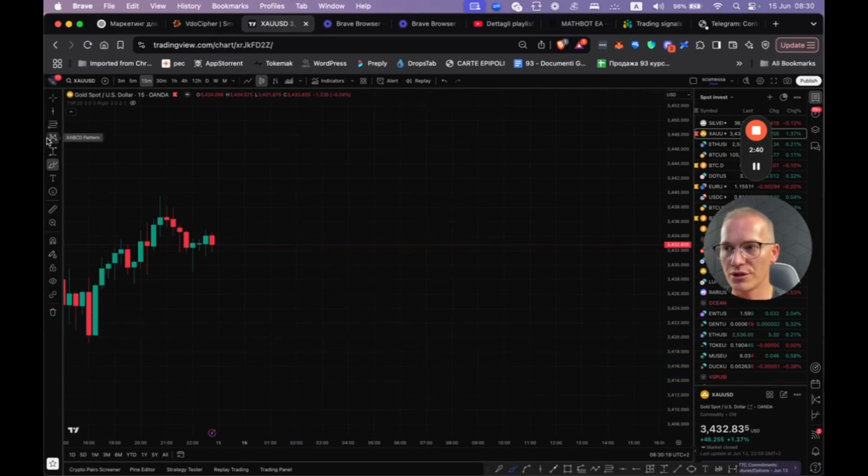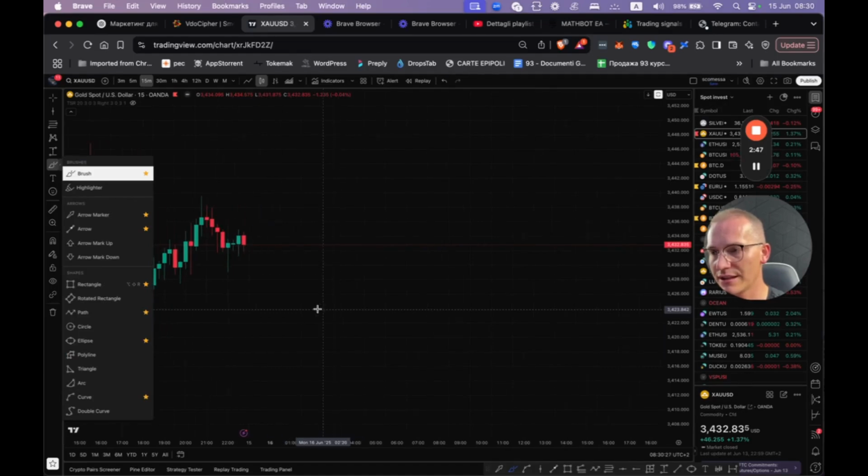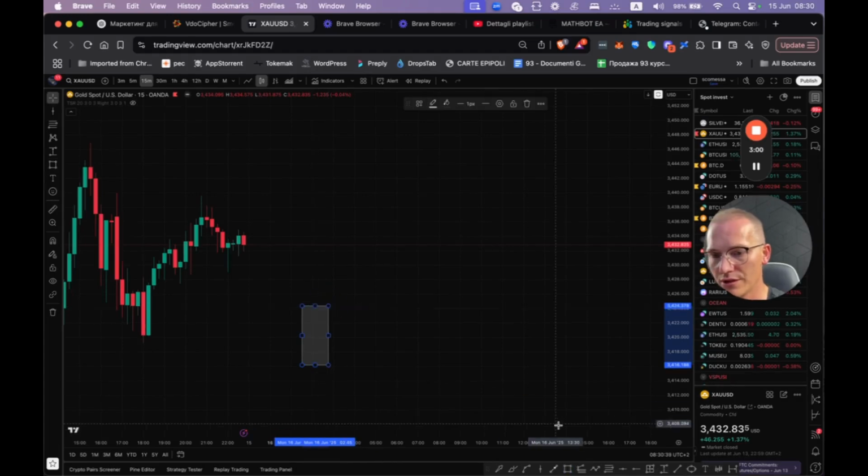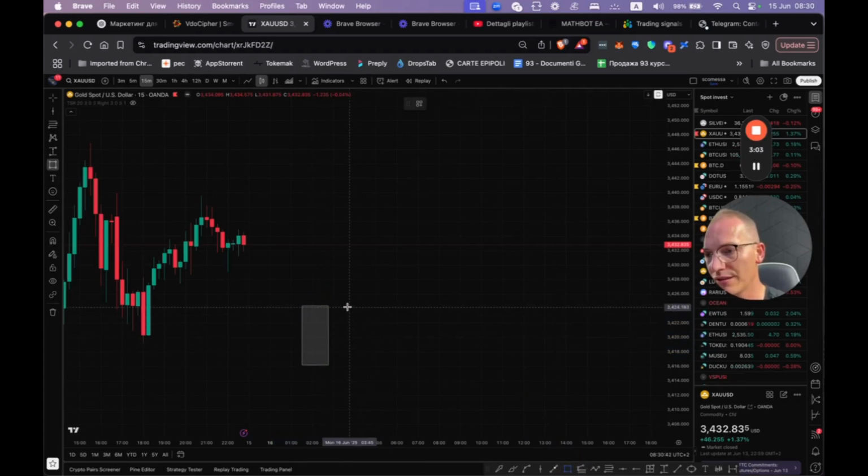Okay, so what do we need? To use today's strategy, we need several parameters. The first parameter is that there should be three consecutive bullish candles forming on the market, at least 3, but it could be 4, 5, 6, at least this number. For example, here is one candle, here is a second bullish candle, and here is a third bullish candle.